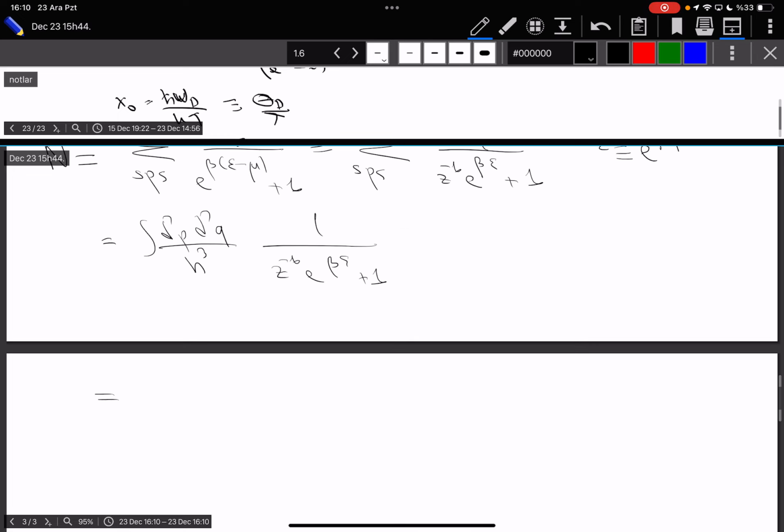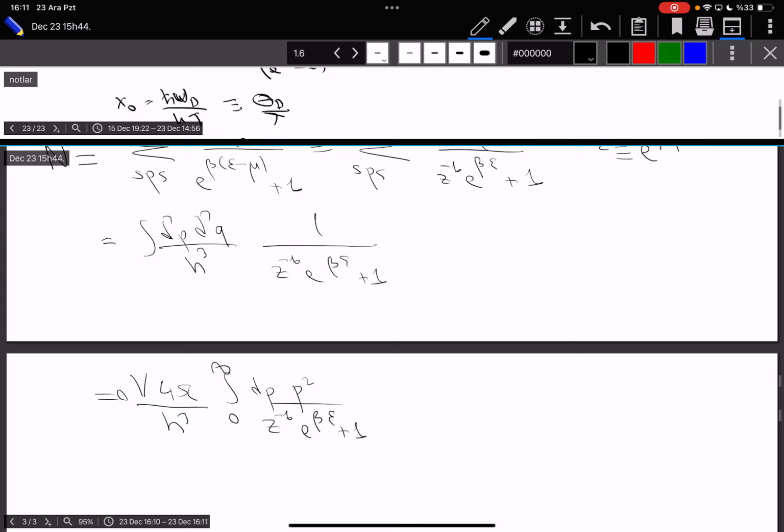The integration over q gives me the volume. The energy depends only on the magnitude of momenta, so we can integrate over the directions of momenta. That will bring a 4 pi. We have dp, p squared, divided by z inverse e to the power beta epsilon plus 1 from 0 to infinity, divided by h cubed.